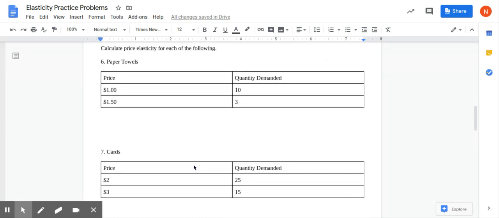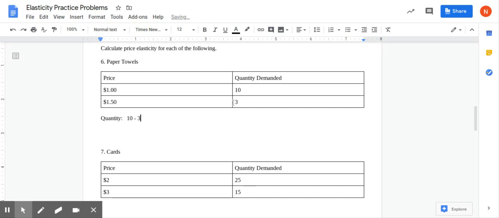Then we're going to get down to here. It's the same kind of idea. We're changing the price from $1 to $1.50, and the quantity from 10 to 3. First thing we're going to do is the quantity demanded. We're going from 10 to 3.